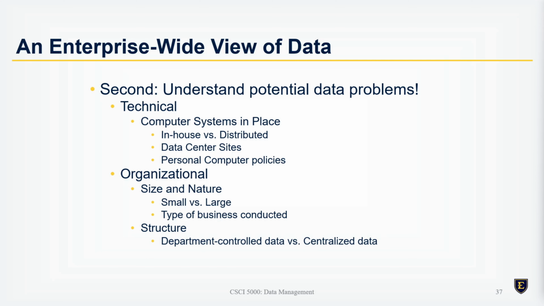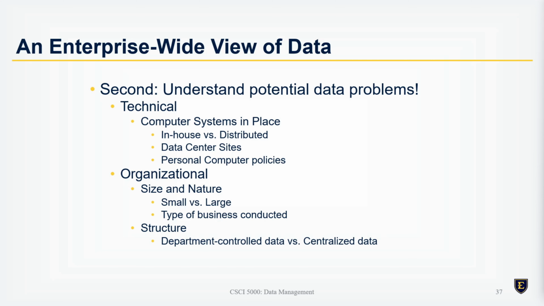You have very strict and very rigid lines of communication and hierarchical structures that make sharing information very difficult. So that's important to remember when you are looking at your enterprise-wide view of data, so that you can understand where the sharing silos might occur and how to break those things down.